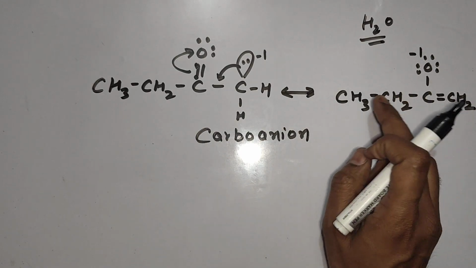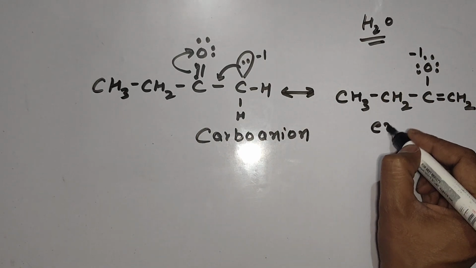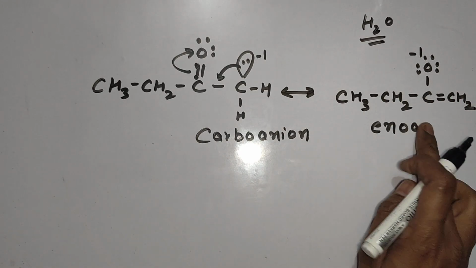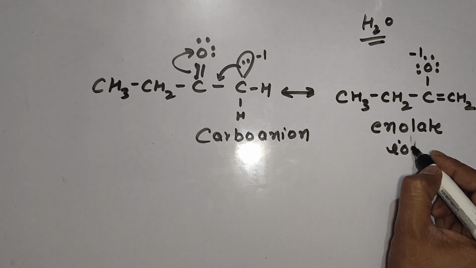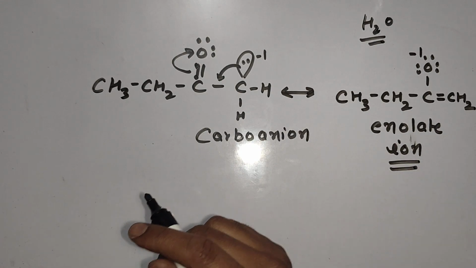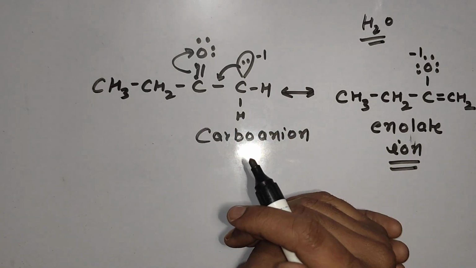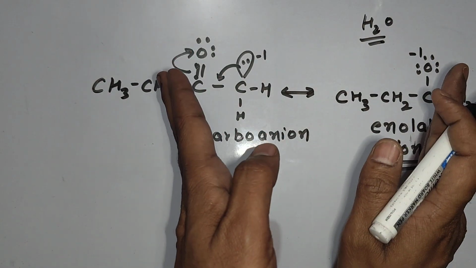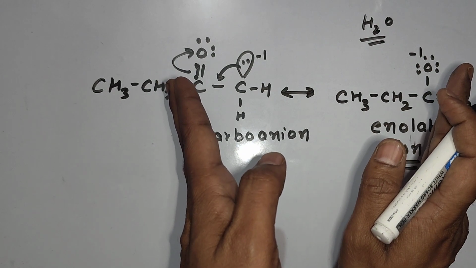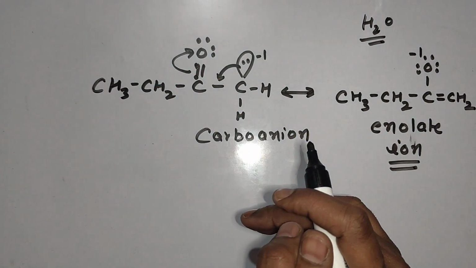This one. Now this particle which is generated, we call it enolate ion. Enolate ion, a negative particle. So first understand the formation of enolate ion after the attack of OH negative on a normal ketone molecule.